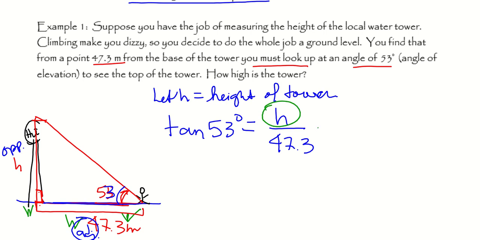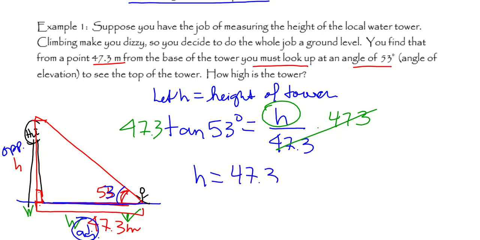I'm going to multiply both sides by 47.3. That will divide out the 47.3s, and I am left with h equaling 47.3 times the tangent of 53.